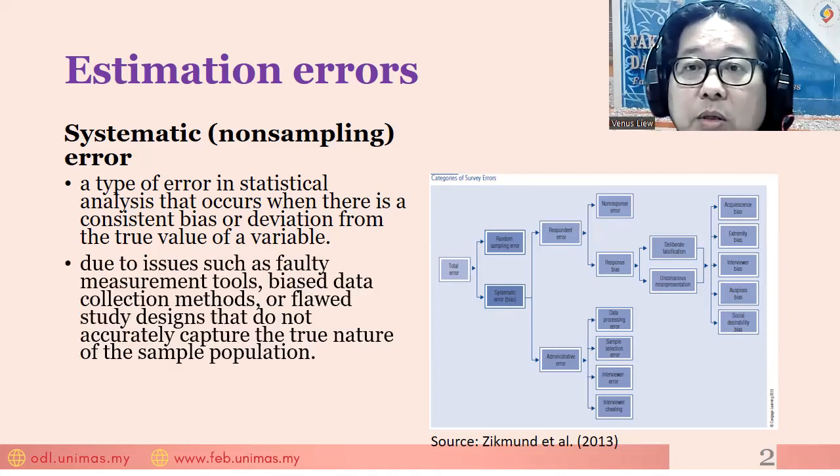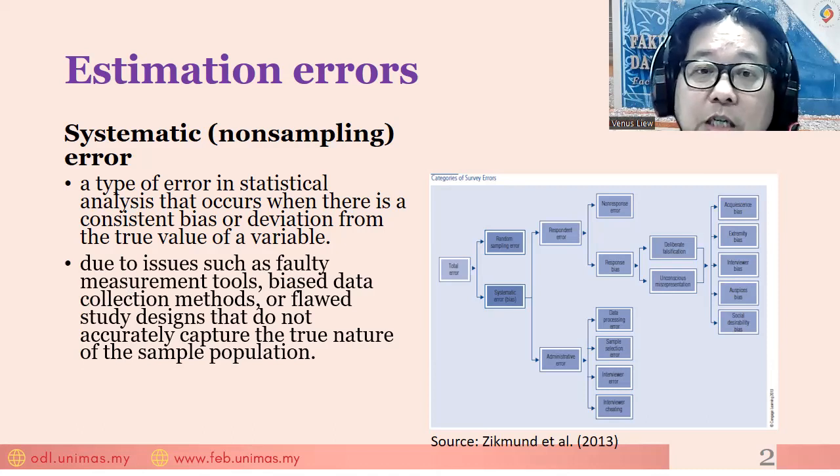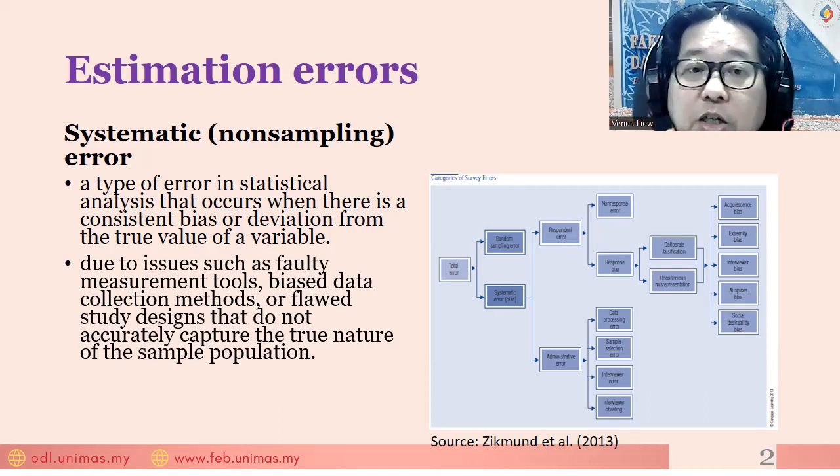Systematic error can occur due to issues such as faulty measurement tool, bias, data collection method, or flawed study design that do not accurately capture the true nature of the sample from the population.